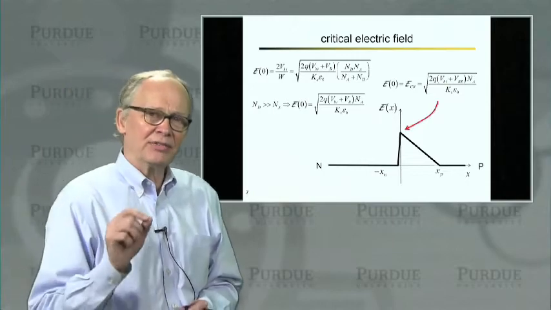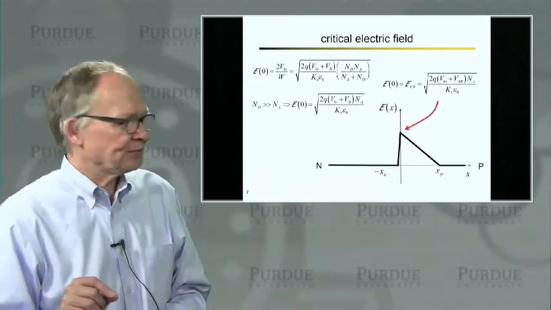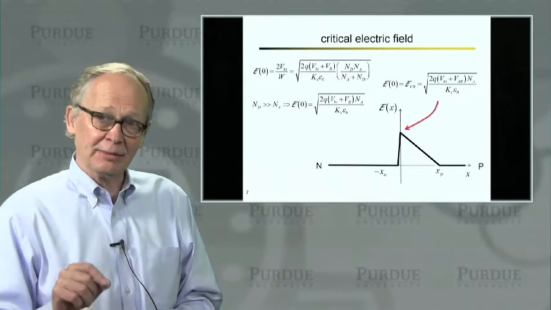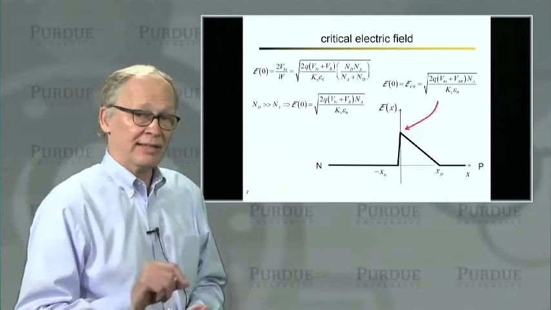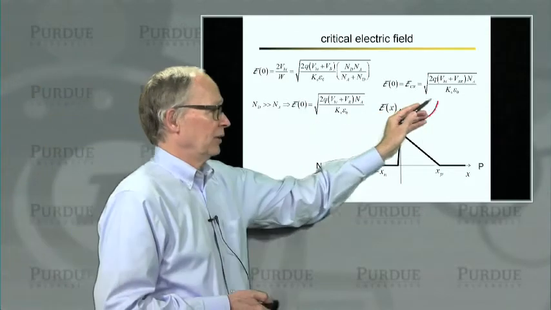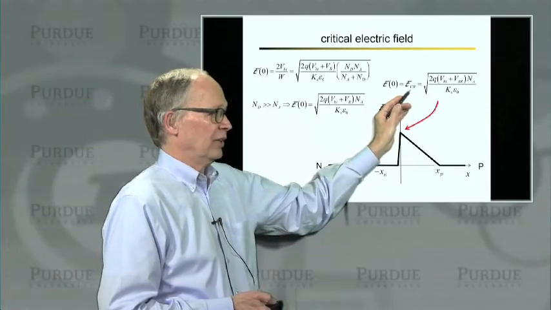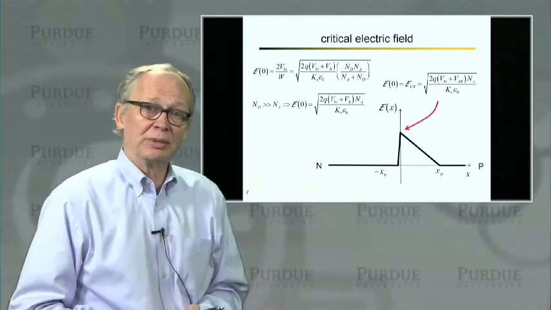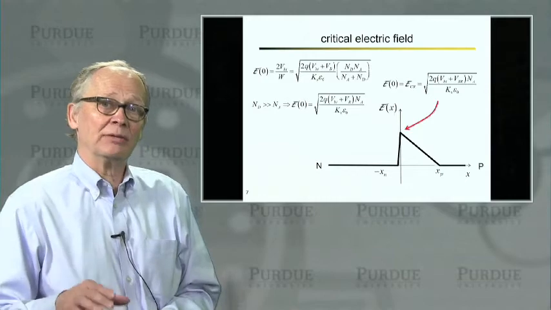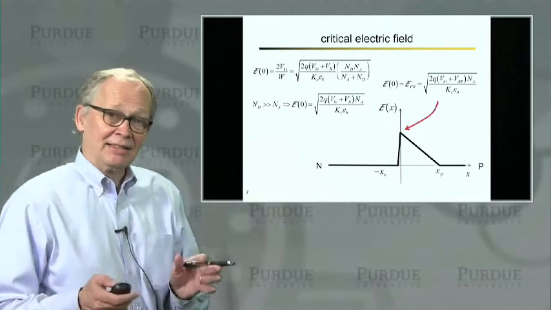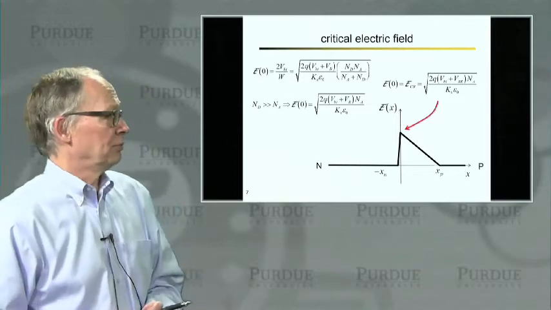And when the electric field reaches a critical value where the electrons gain enough kinetic energy that they can begin to break silicon bonds, then we have breakdown. So we just set the electric field to this critical value, E sub CR. And if we know the built-in potential and doping of the p-n junction, we can calculate what voltage the p-n junction will break down at. Right. The critical field is a material parameter.